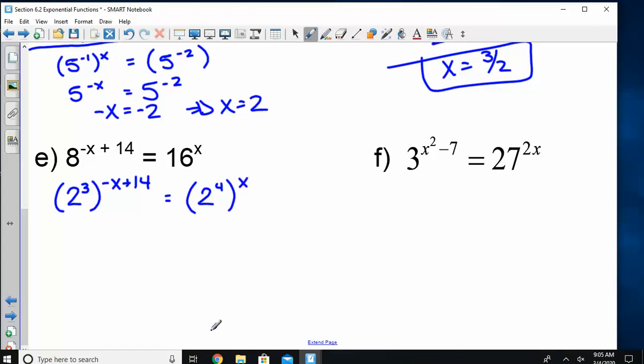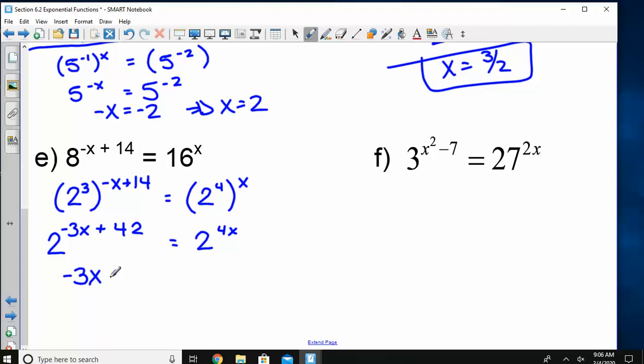Okay, I wrote these in parentheses because exponent laws. What do I need to do with these exponents? Multiply them. So this gives me 2 to the negative 3x plus 42 equals 2 to the 4x.